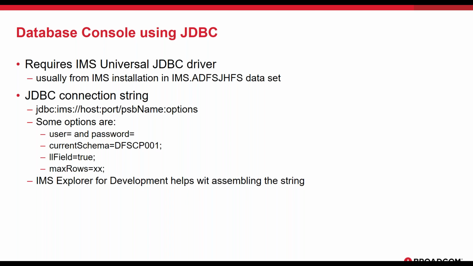It's just jdbc:ims:, and then you specify the host name, IP address, or just some domain name, then a colon and the port number, which you specified in your IMS Connect installation or configuration rather, and then the PSB name, which PSB you would like to use for the connections. Then you can follow up with the options, but that's optional.